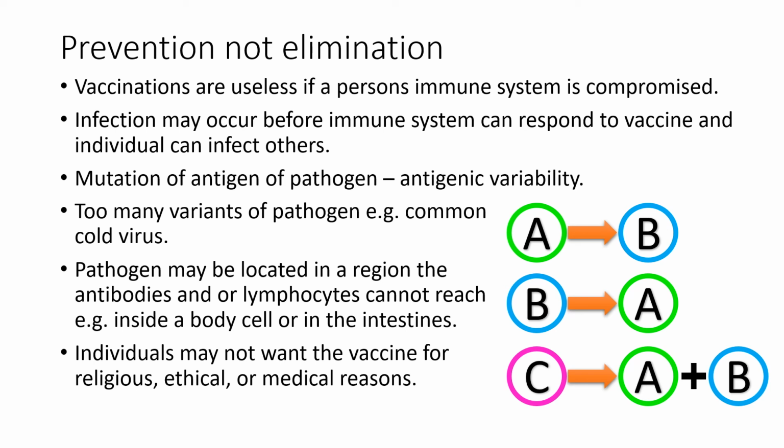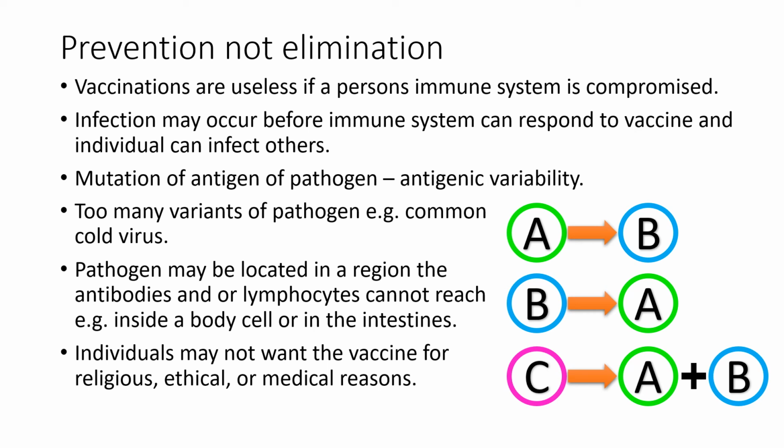It can be a case that the pathogen is in a particular place where the antibodies or the lymphocytes can't reach it. So there are certain locations, for example in the intestines, where you will not get antibodies, and therefore there are issues in terms of reinfection.